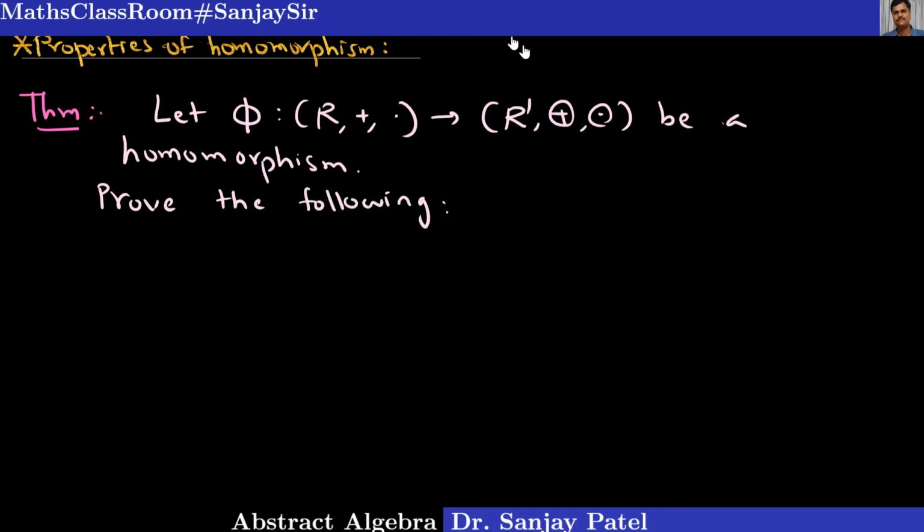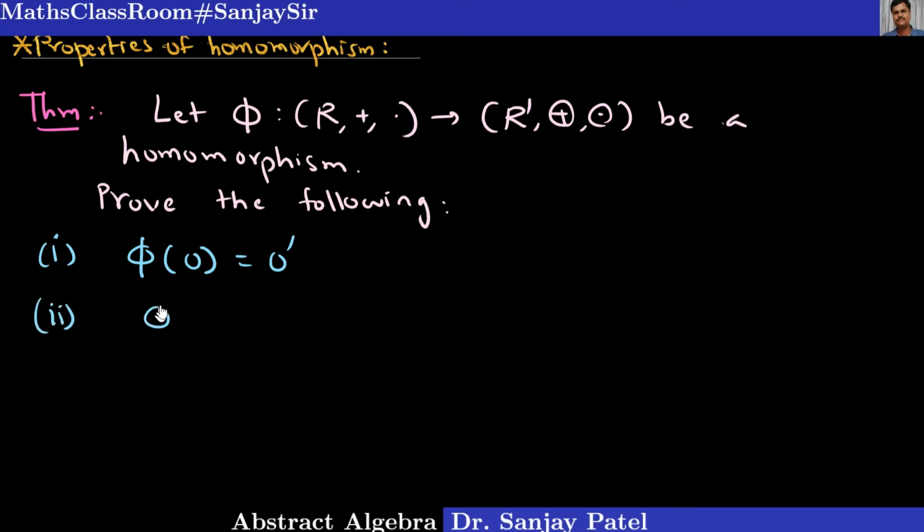The first one, prove that phi of 0 is equal to 0 dash. So every homomorphism sends 0 element of domain to 0 element of the codomain ring.